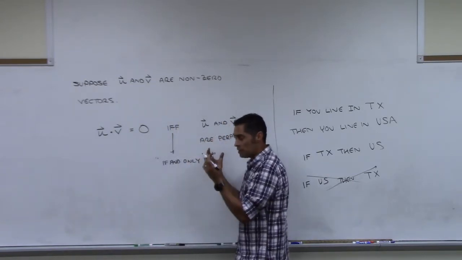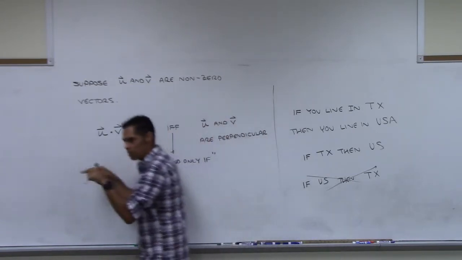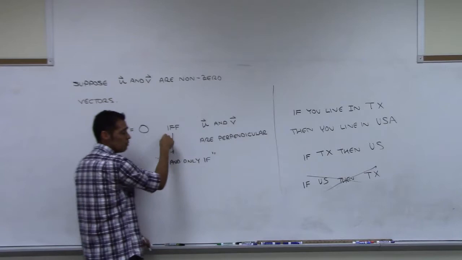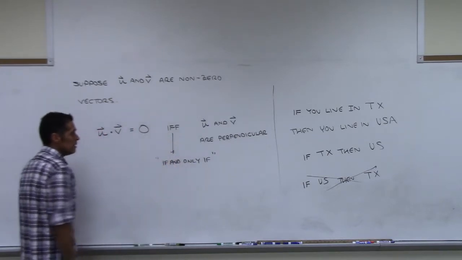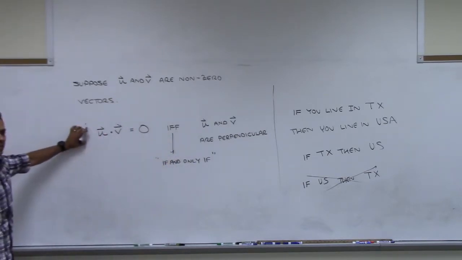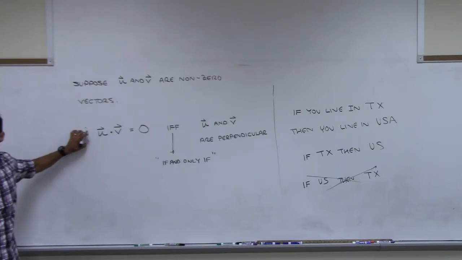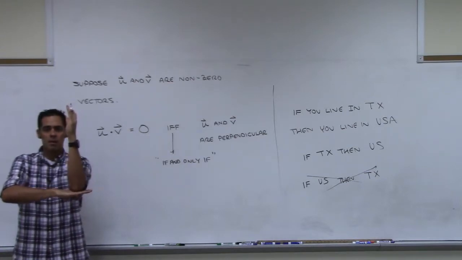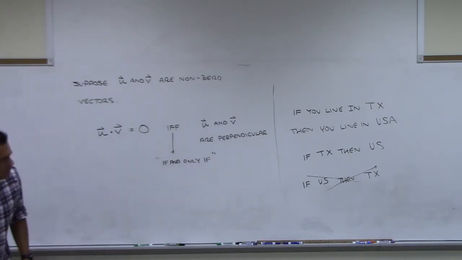If you're perpendicular vectors, you must have dot product 0. Very, very strong when you see if and only if. This is a test that we use to check whether or not two vectors are perpendicular. Do you all know what perpendicular is, right? 90-degree angle?